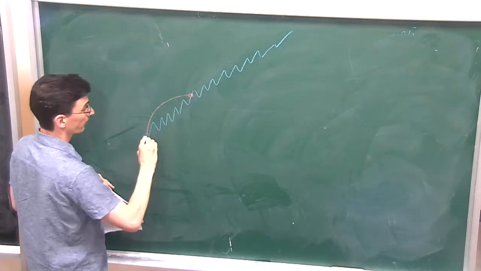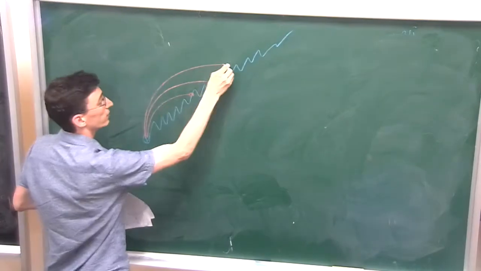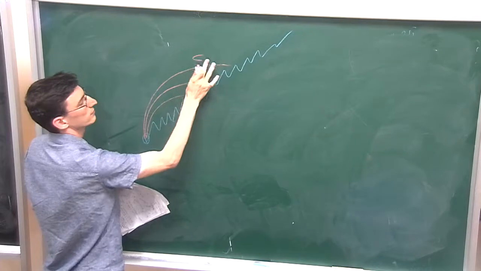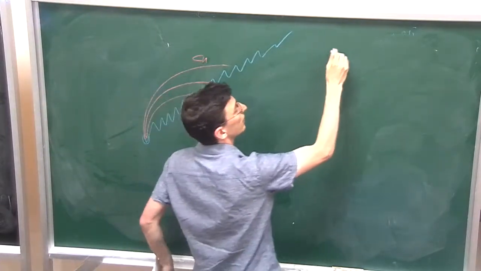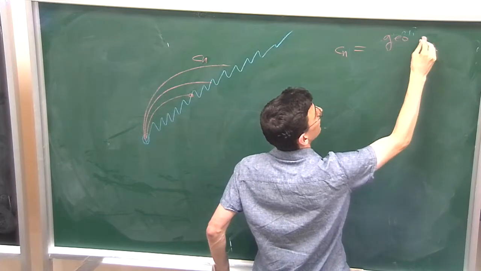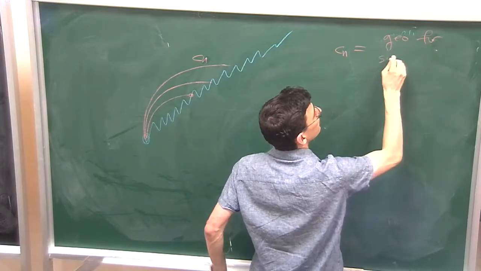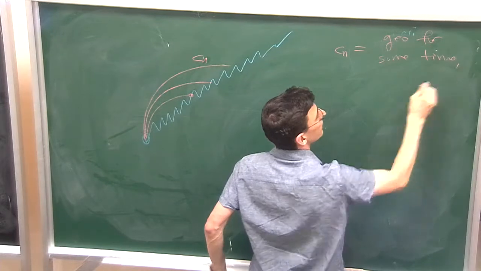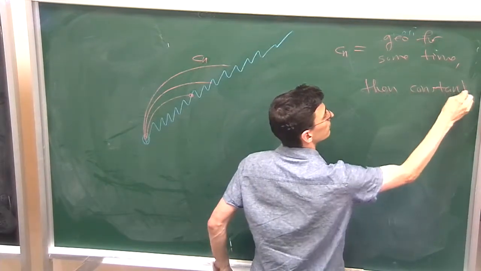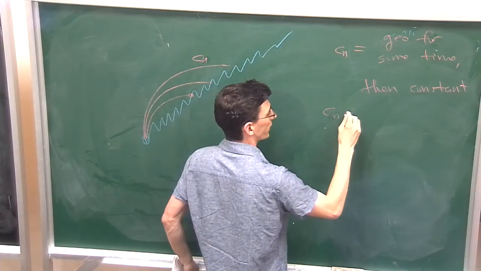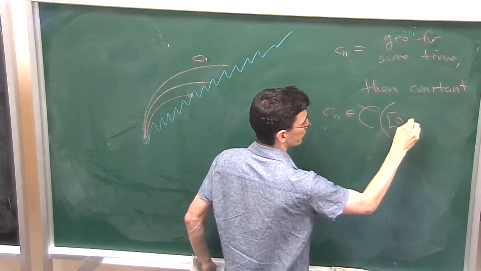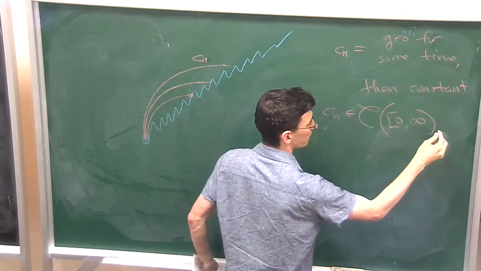Let's call these c_n. So c_n is a geodesic for some time, and then constant. So c_n in particular is going to be in script, let's say, maps from 0 to infinity to R space.